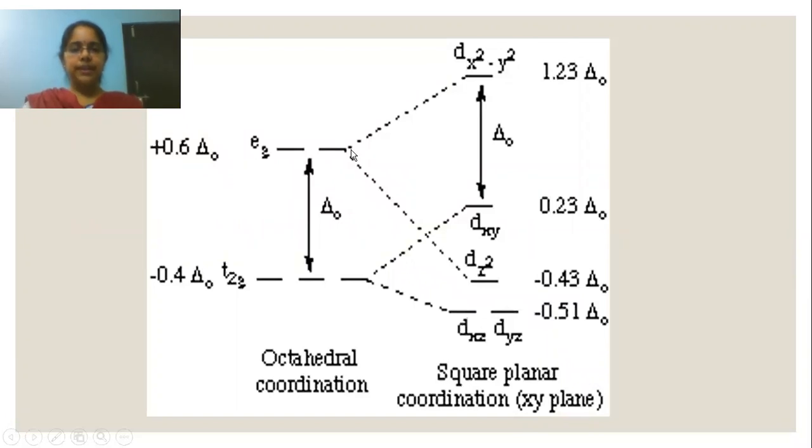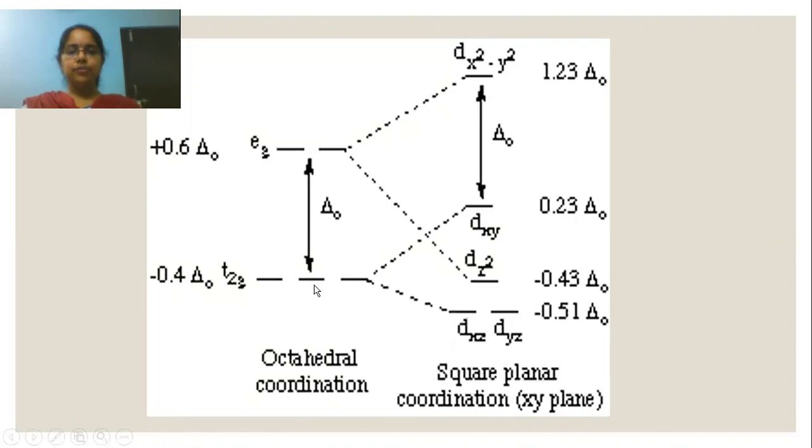If we see the eg set, the dz square orbital is less repelled, so its energy decreases, whereas the energy of dx square minus y square increases more, because this orbital is present in the xy plane. Similarly, the t2g set consists of dxy, dyz and dzx.